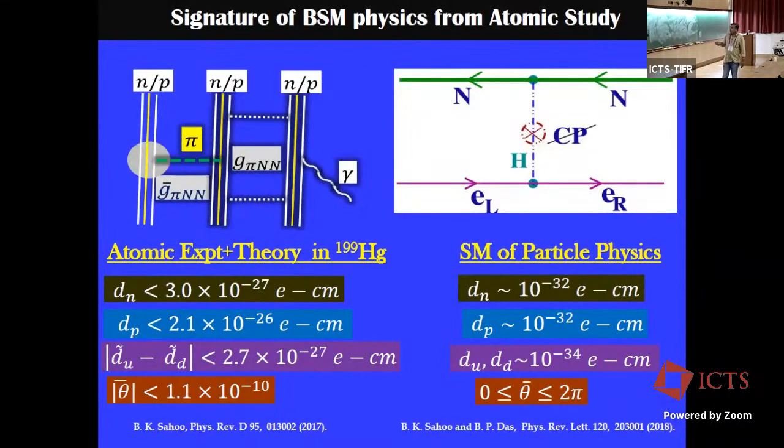Combining with our calculations, these are the values we have got. Now if you compare with the standard model of particle physics, you see there is a difference of almost 10 orders, or 5-6 orders. That shows there is some indication that we are able to probe some kind of BSM physics by doing these studies using atomic and molecular physics.